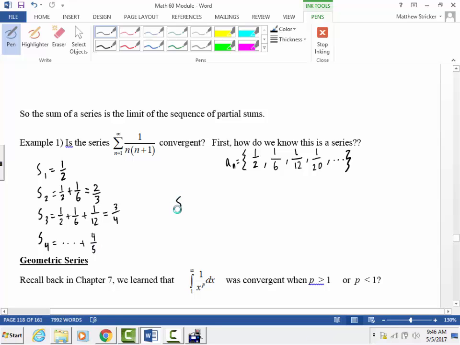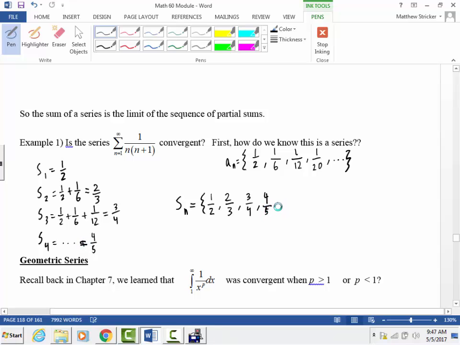Now, S of n, the sequence of partial sums. What's the first term in that sequence? What's S of 1? 1/2. What's S of 2? 2/3. What's S3? 3/4. What's S4? 4/5.